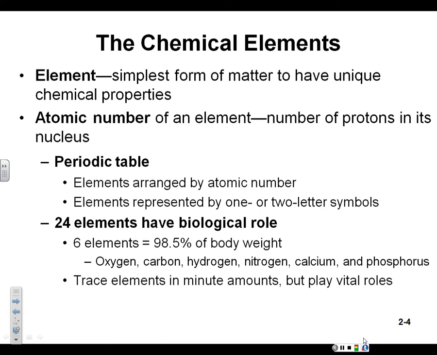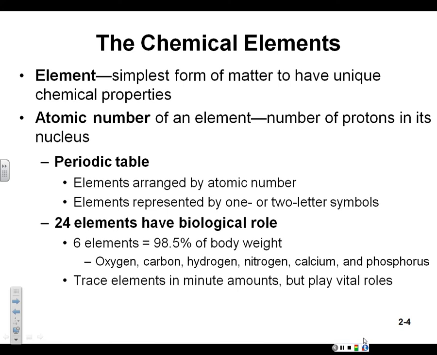Now the atomic number represents the number of protons in an atom, and the number of protons equals the number of electrons. So we have 92 elements on the periodic table, and they are represented by letters: oxygen, O; carbon, C; hydrogen, H; nitrogen, N; calcium, Ca; then phosphorus.